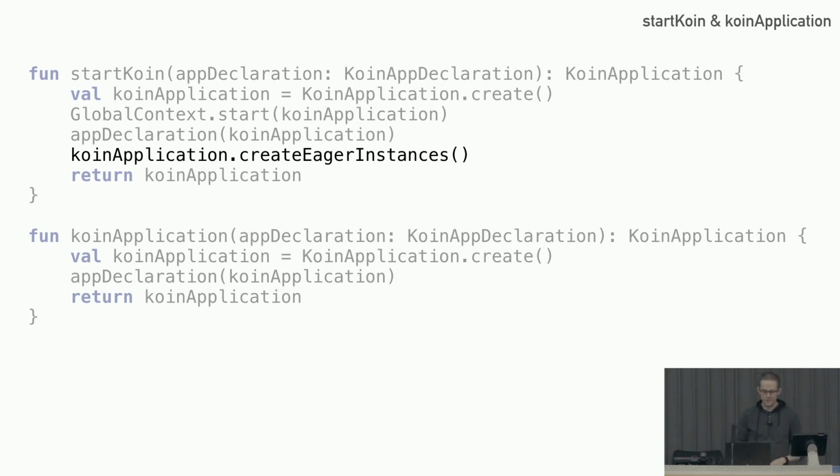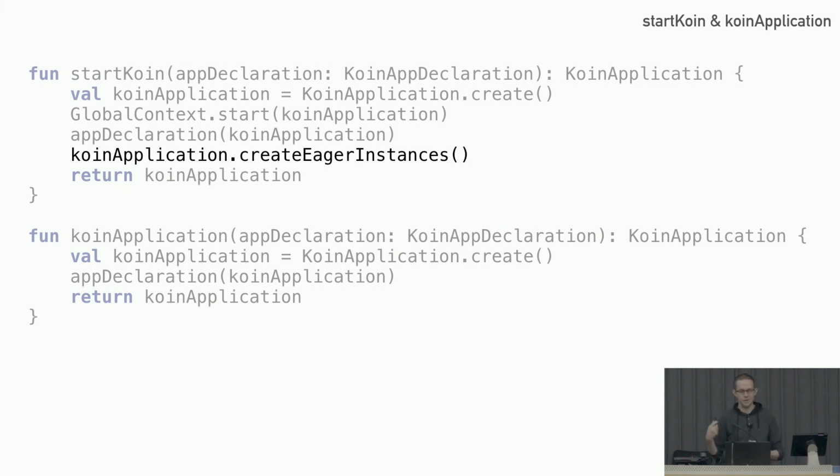And it also does this thing called create eager instances. Basically, when you're creating a binding, there's a flag you can set so that if it's a singleton, it will be immediately initialized without actually being accessed everywhere.